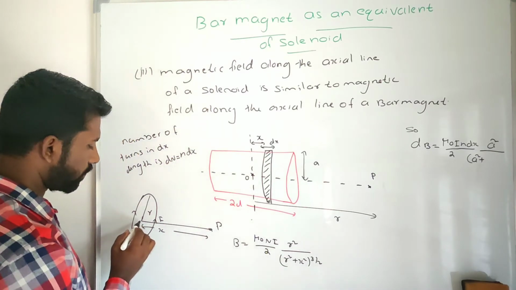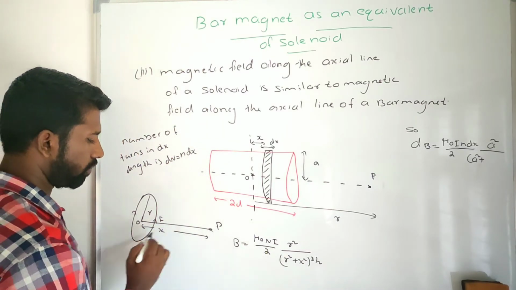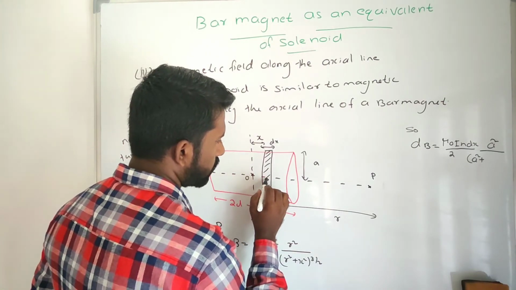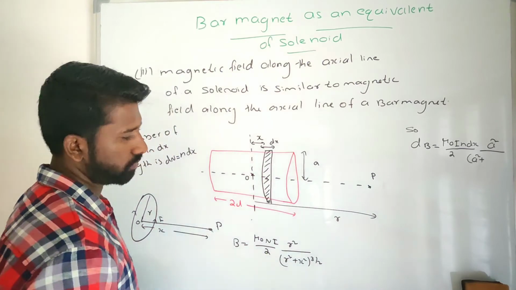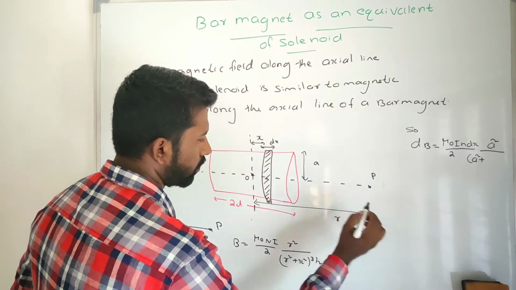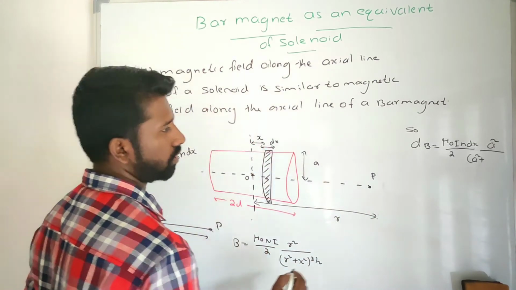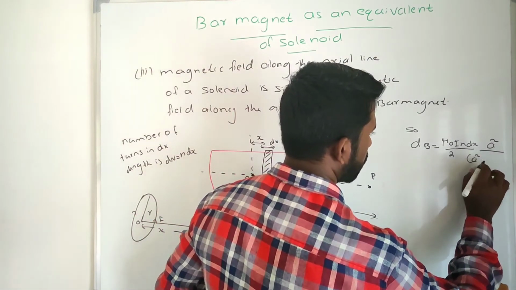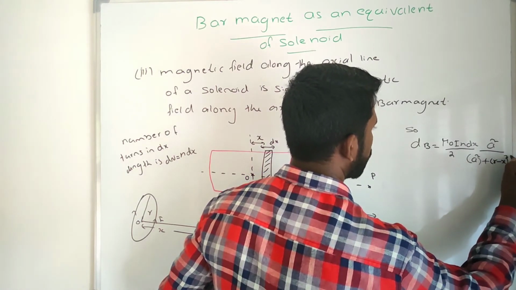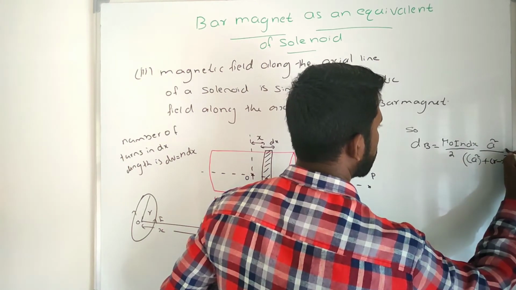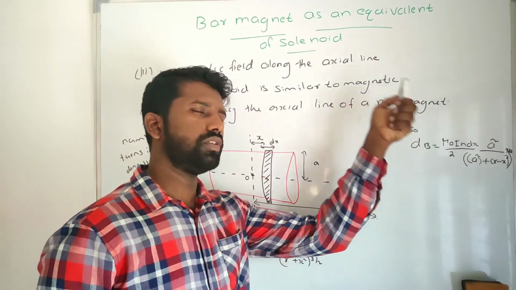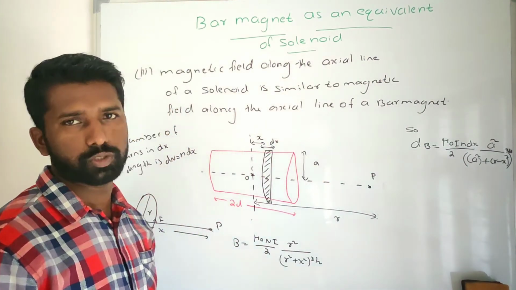But x is the distance from the center to the point P, so here we have to get the distance from this point to point P. The center to P is r distance, so this is r minus x, the whole square, all power 3 by 2. This is the magnetic field at the point P due to this dx portion.